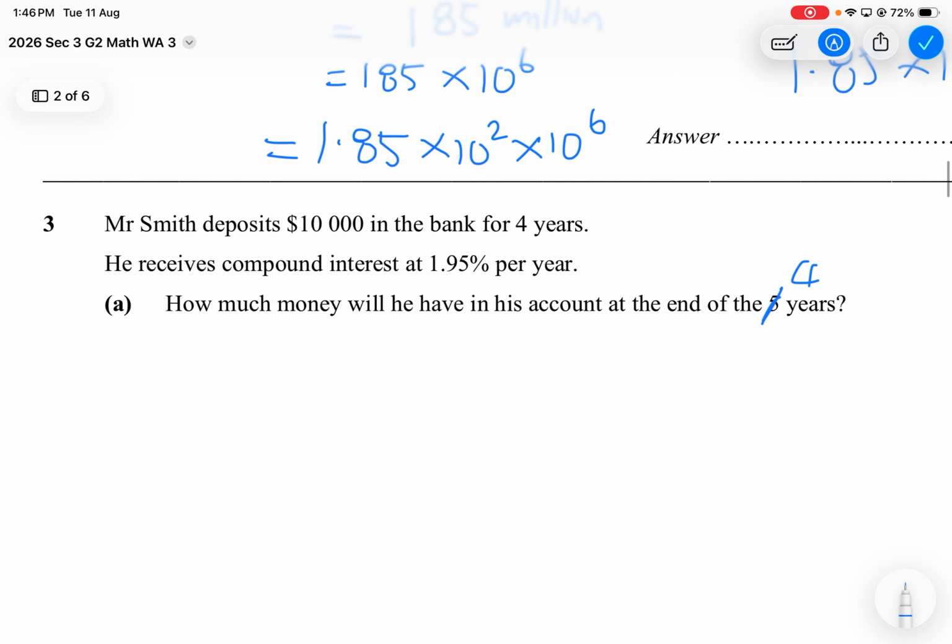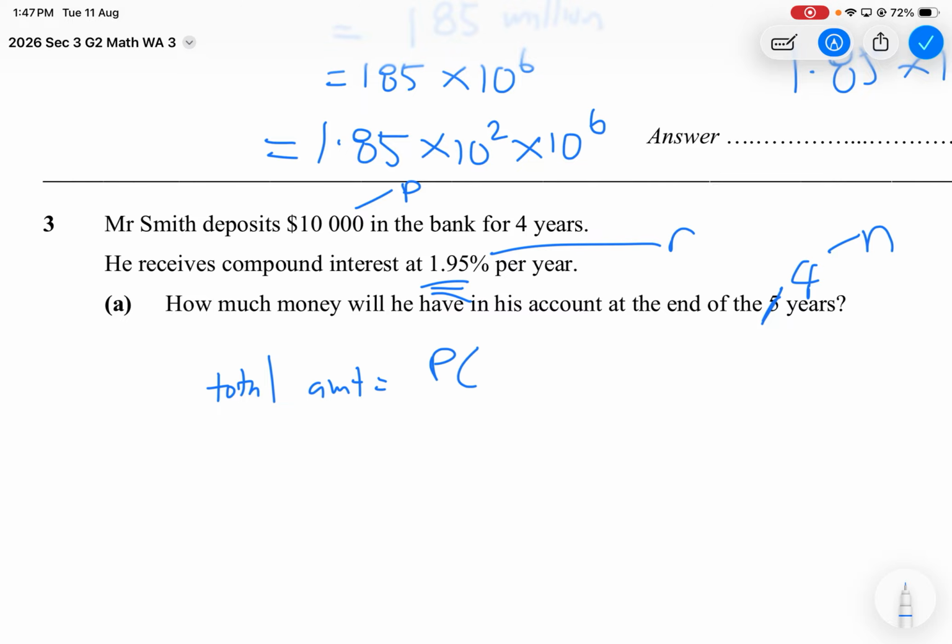P is my starting amount, principal amount. So P is my 10,000. I put it there for 4 years. 4 years, every year compound 1 time, 4 years compound 4 times. So 4 is my N. Rate is always your percentage. 1.95 per year. So this is your rate. You have your P, you have your R, you have your N. Just use the formula.